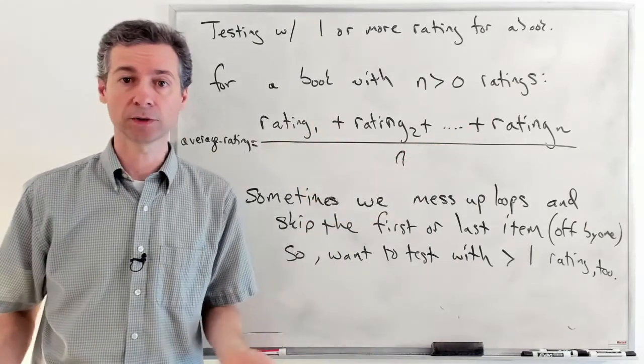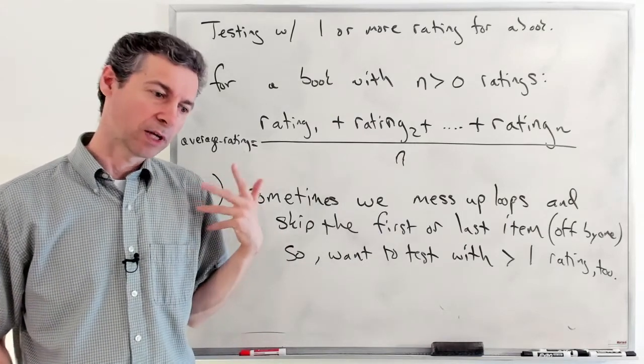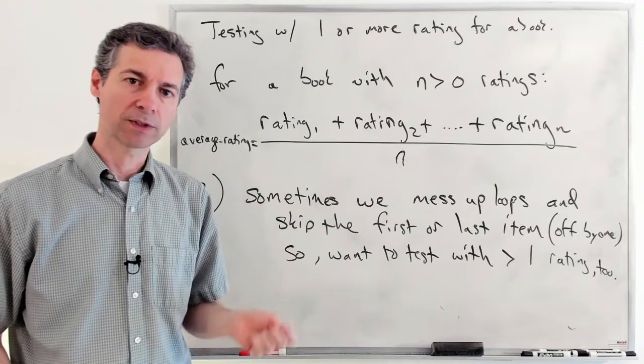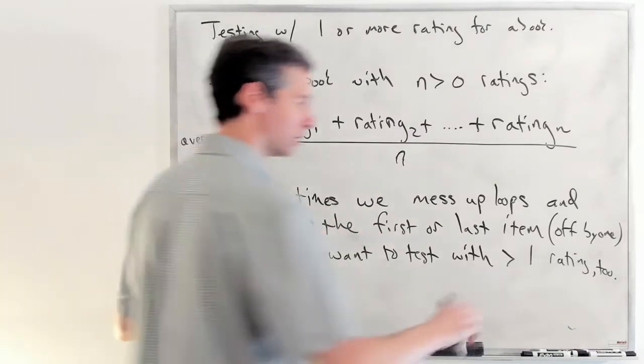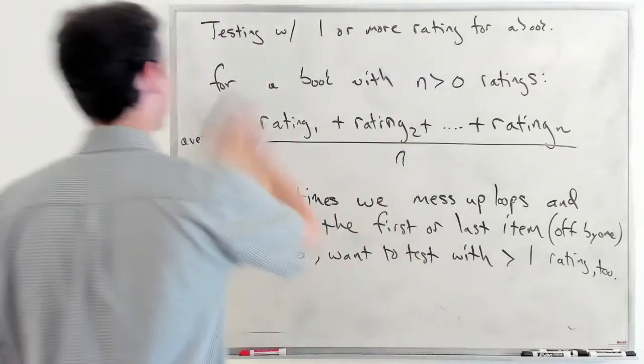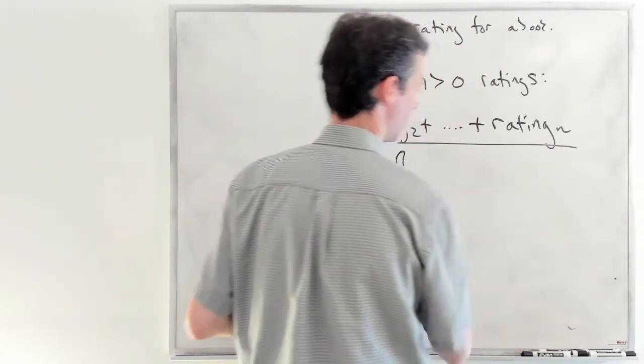Because we often have a loop. So we know we definitely want to do something where we've got some sort of value after the decimal point, and we want to do something with multiple ratings.